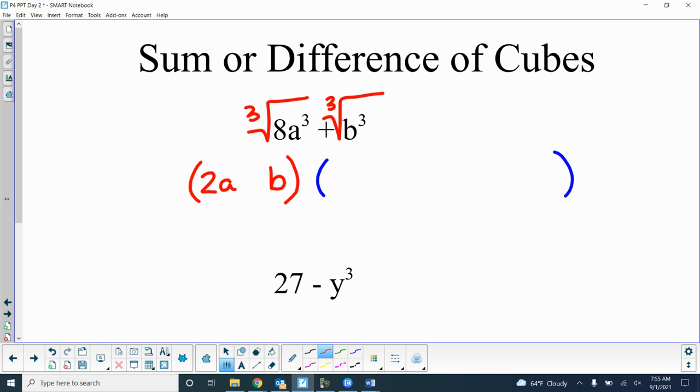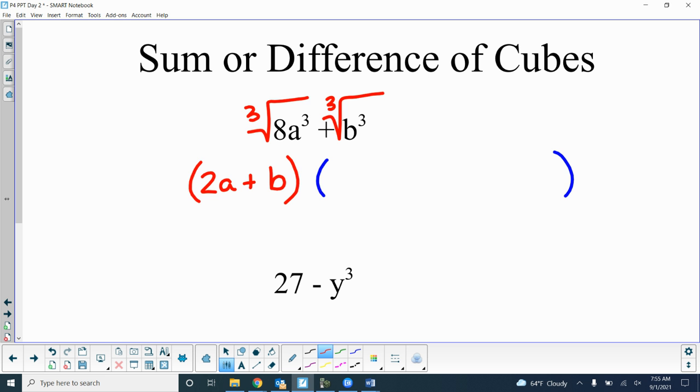Whatever the original sign is between the 2 terms stays the same for this binomial. Okay? So just taking cube roots and same operation. Addition, stays addition. Down here when we do this one, it'll be subtraction for our binomial.